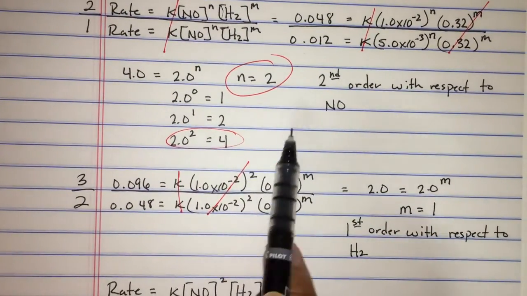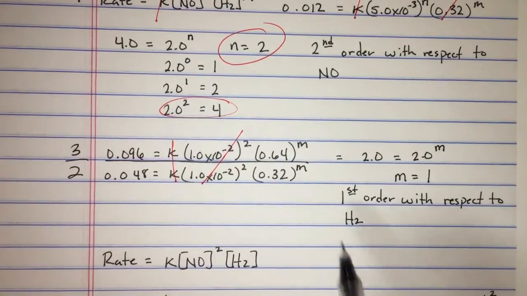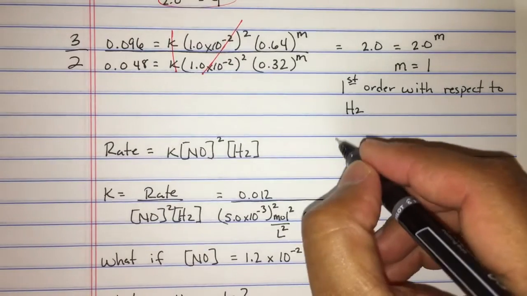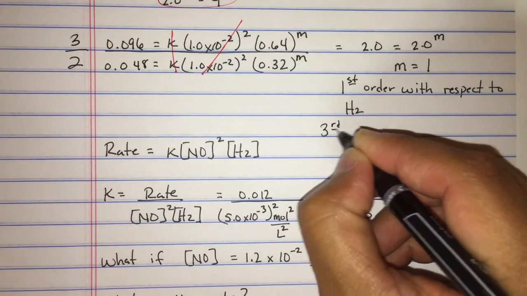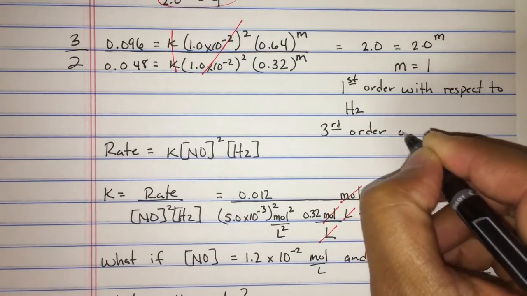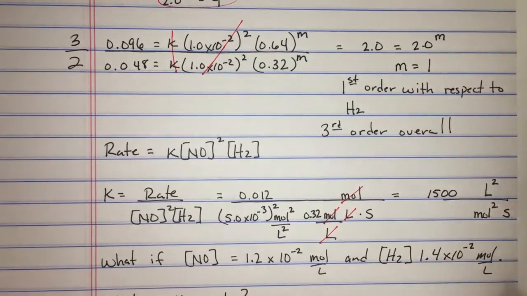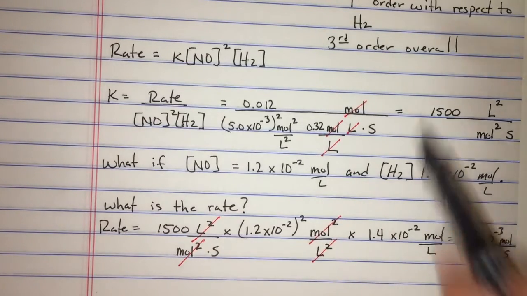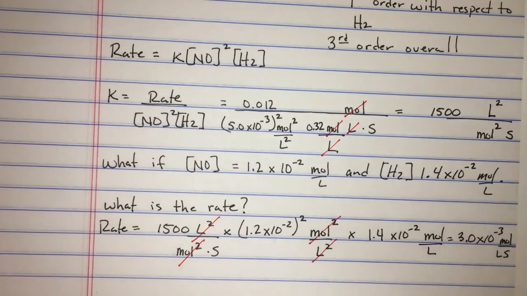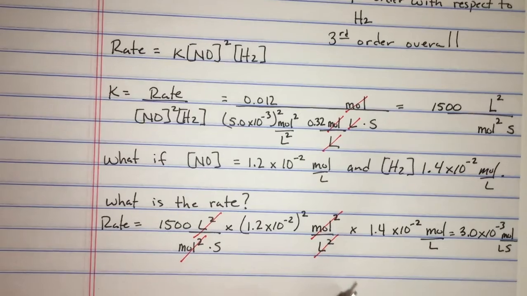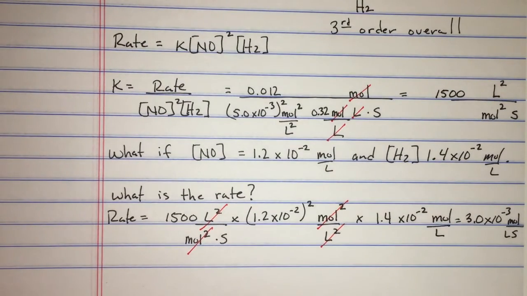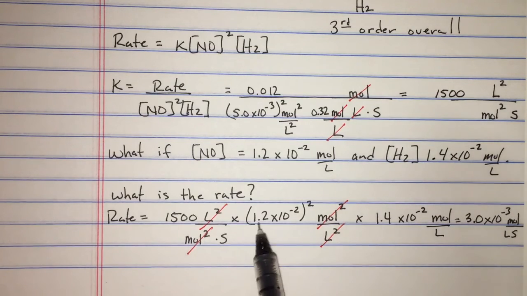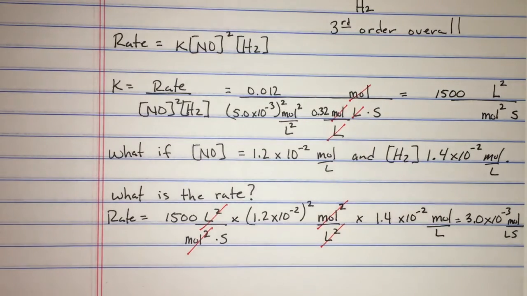We solved that it was second order with respect to NO, first order with respect to hydrogen, and I forgot, third order overall. And then we solved for the rate constant, and so now we've got the full rate law. And so the importance there is that now that we have the full rate law, now we can do other experiments, and then we can use the rate law to calculate, okay, what is the rate going to be?